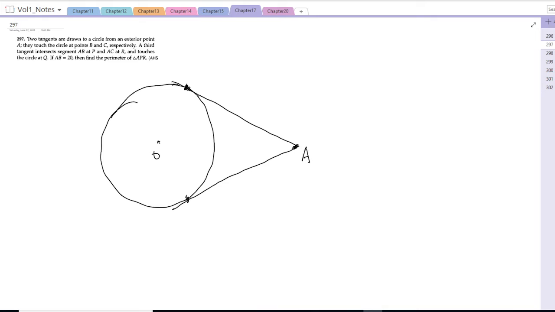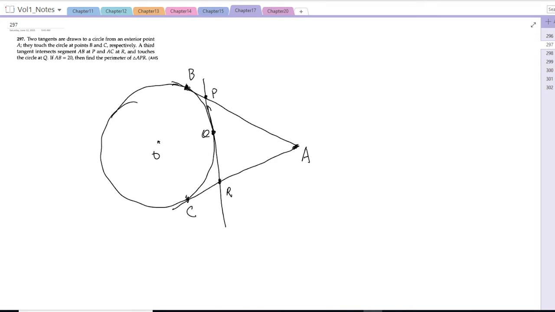This is A, B, C, and they touch the circle at B and C respectively. Then a third tangent intersects AB at P and AC at R, and touches the circle at Q. So PQR is a tangent line.